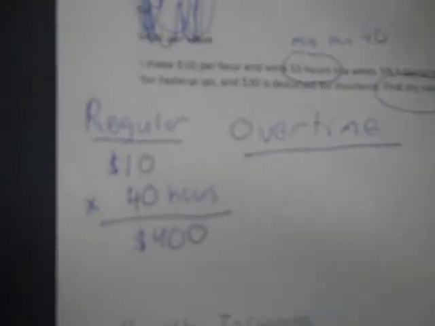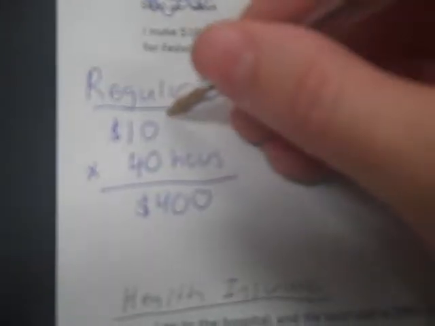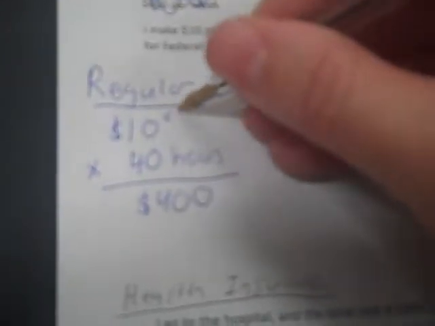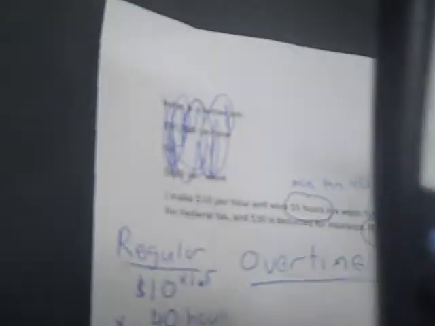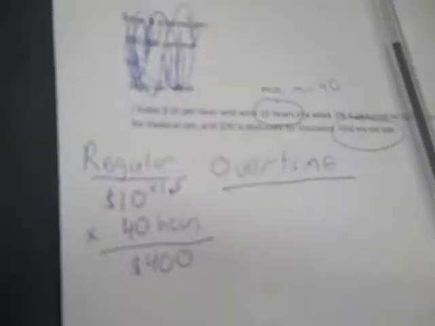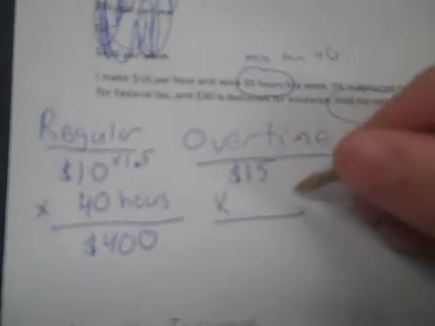Now for the overtime. A couple things we need to do. We need to take the $10 times 1.5. Always 1.5. So 10 times 1.5 is 15. So he makes $15 times the hours.